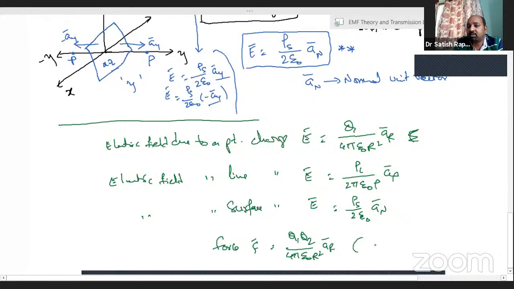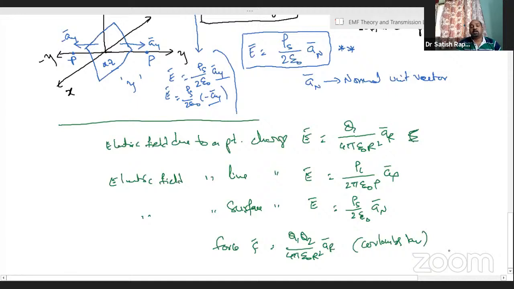So this is nothing but Coulomb's law. So these are the four important equations which we have discussed so far. And we have done related problems with respect to point charge and line charge, and let us try to do some related problems with respect to surface charge now.